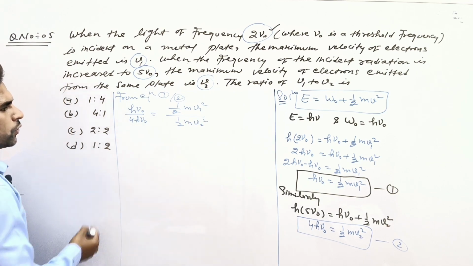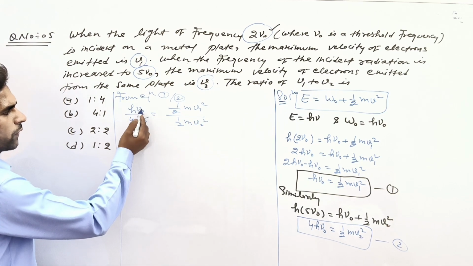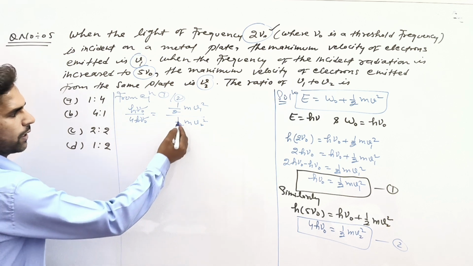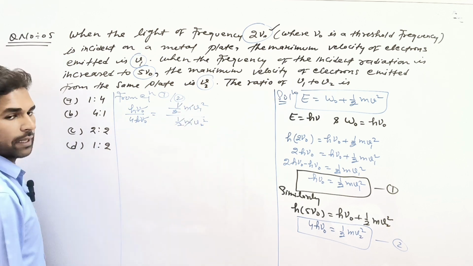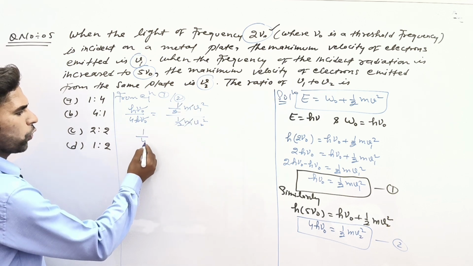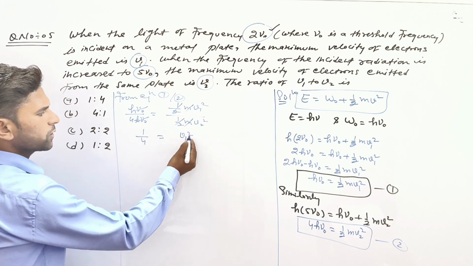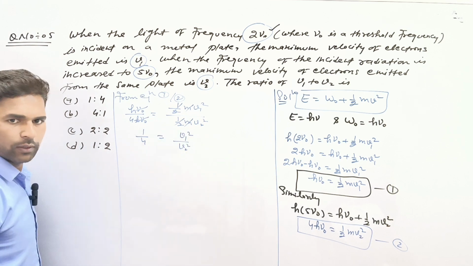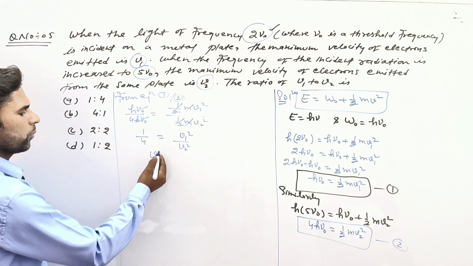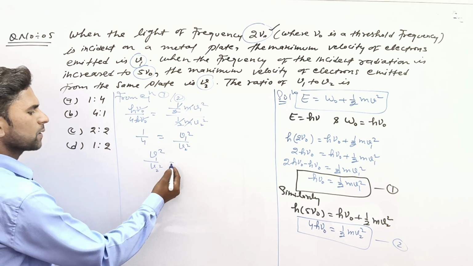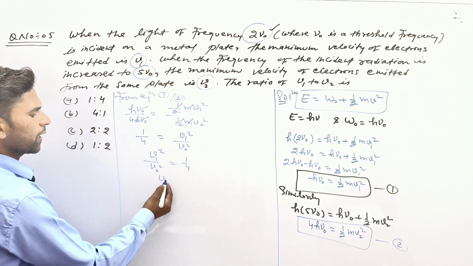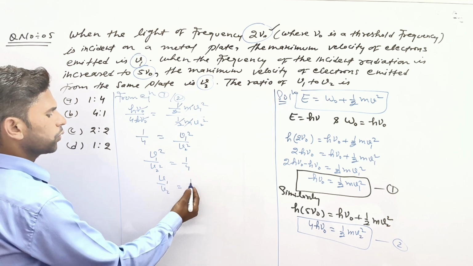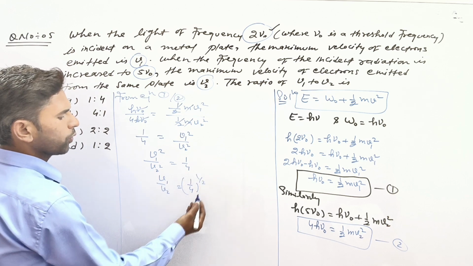You know very well, h nu naught will cancel, half will cancel, m will cancel. So 1 upon 4 is equal to v1 square upon v2 square. In simple form, v1 square upon v2 square is equal to 1 upon 4. So v1 upon v2 is equal to 1 upon 4 power 1 upon 2.